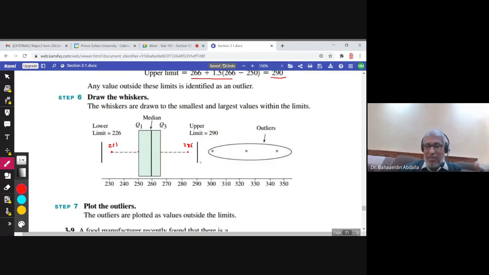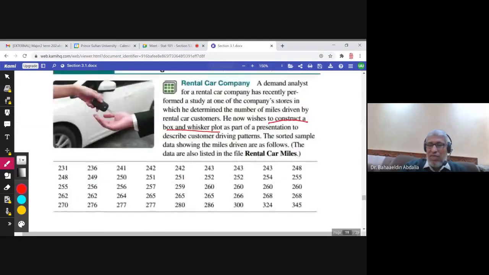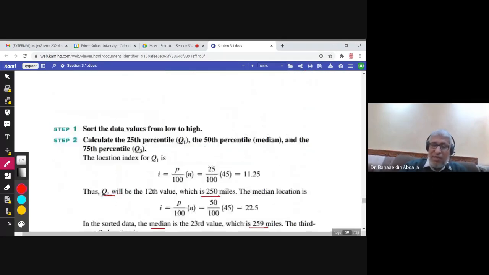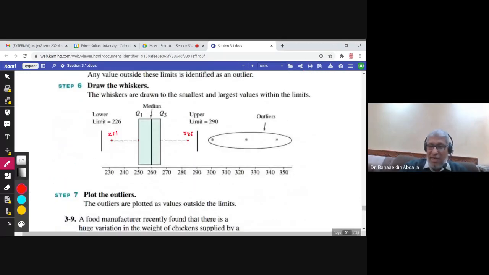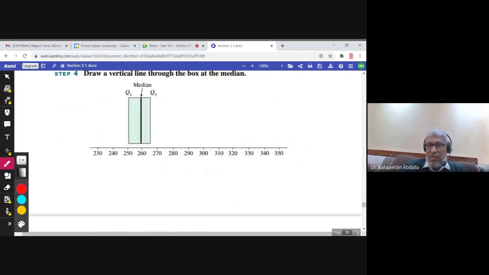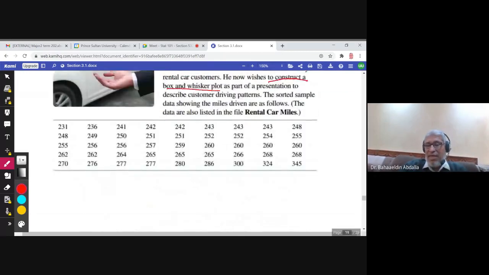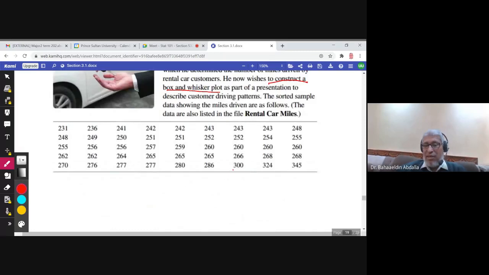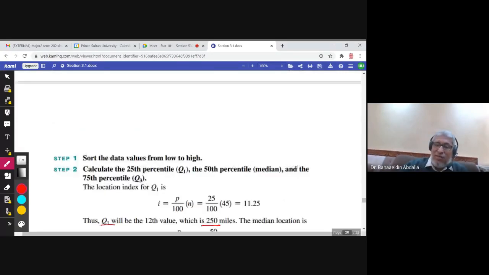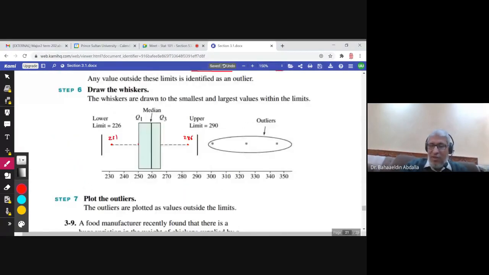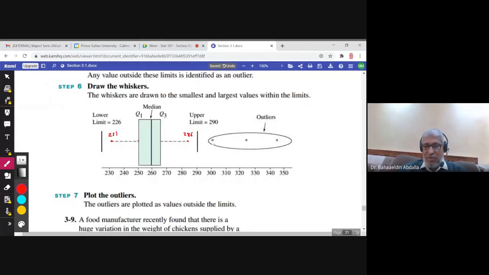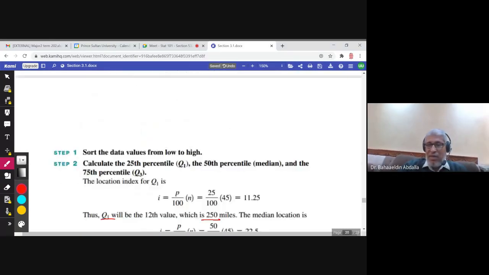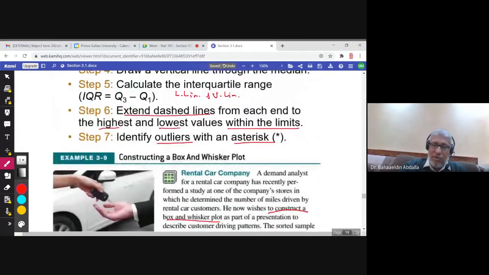Now I ask myself a question. Are there values in the data less than 226? No, 226 is smaller than all the data. Is there any value in the data greater than 290? Yes, there are three numbers in the data greater than 290: 300, 324, 345. So at 300, I put a star like this, or we call it an asterisk.